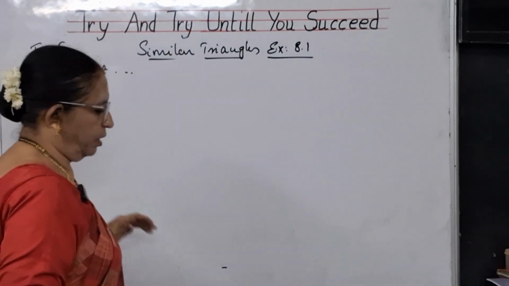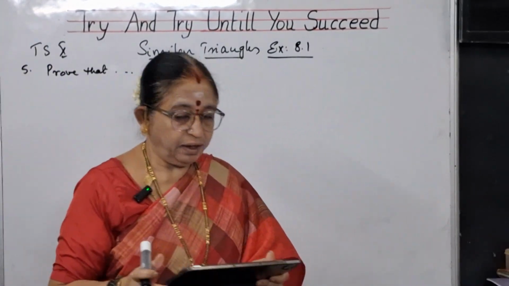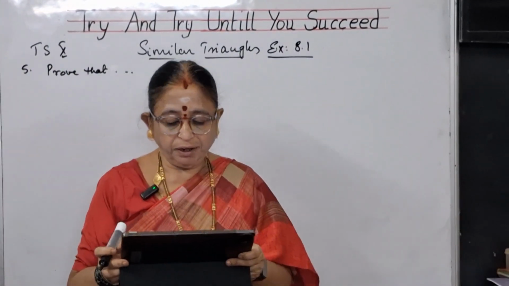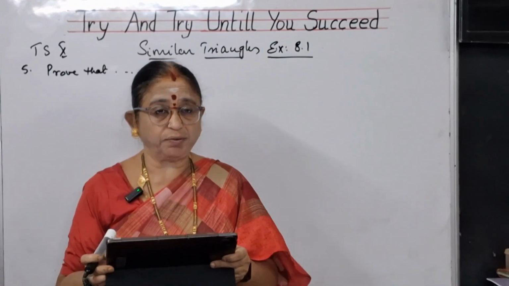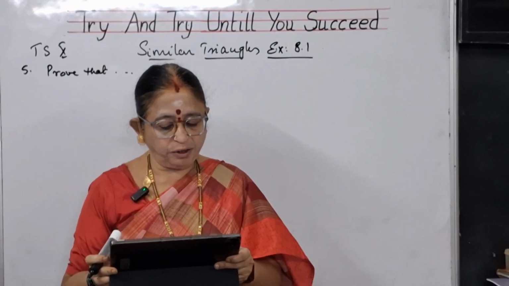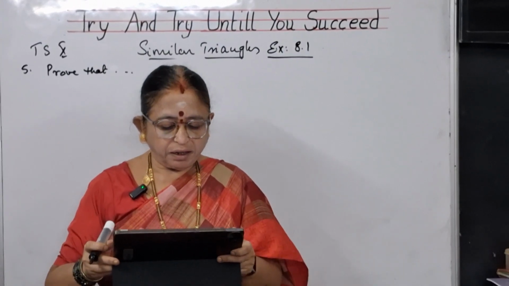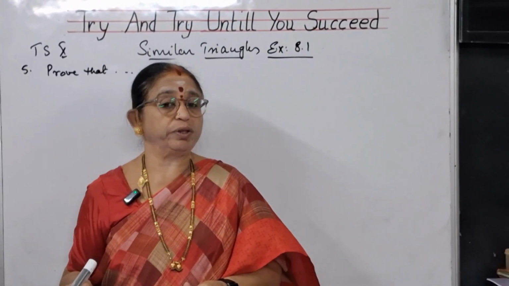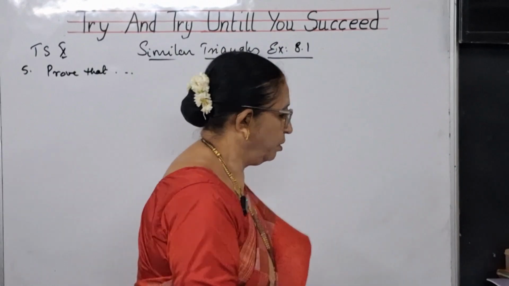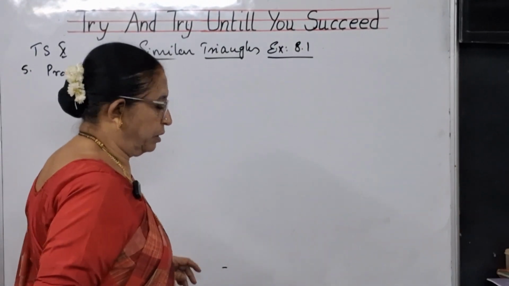Prove that, it goes on like this. Prove that a line joining midpoints of any two sides of a triangle is parallel to the third side. A line joining the midpoints of any two sides of a triangle, so it is parallel to the third side.